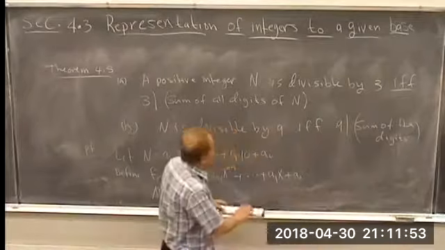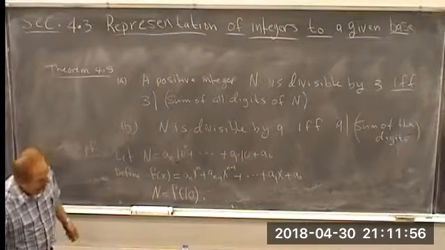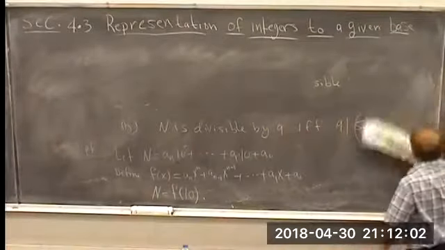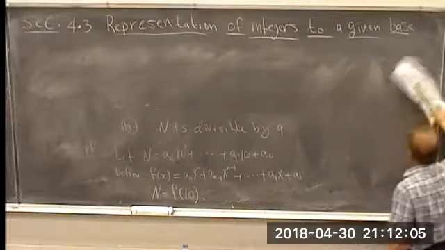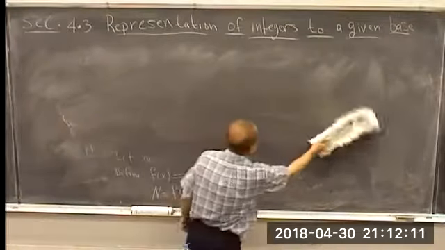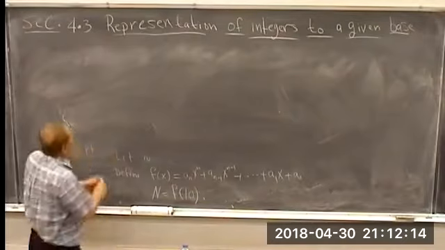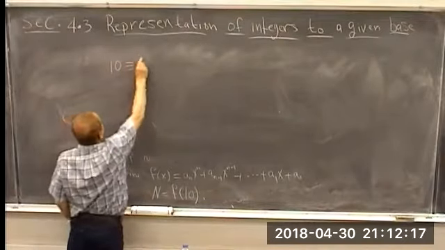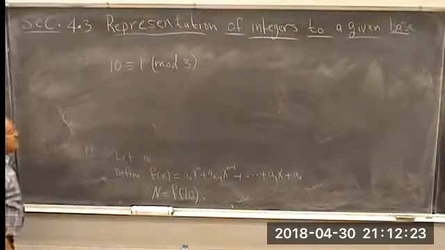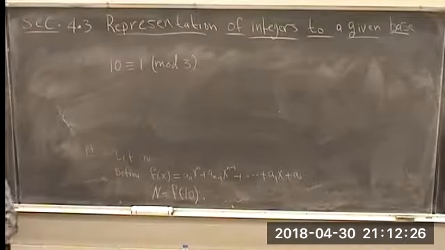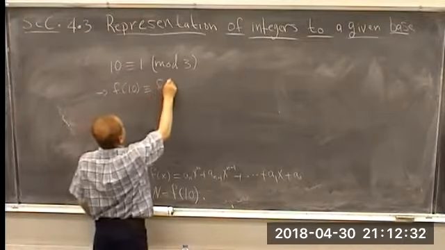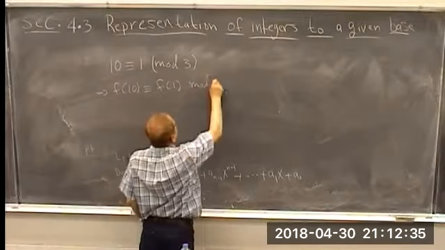Now let's look at this congruence between 10 and 1, mod 3 and mod 9. And for each one of these, we will actually prove the test. So we have 10 is congruent to 1 mod 3. Now, by the properties that we have shown, this implies that f of 10 is congruent to f of 1 mod 3.